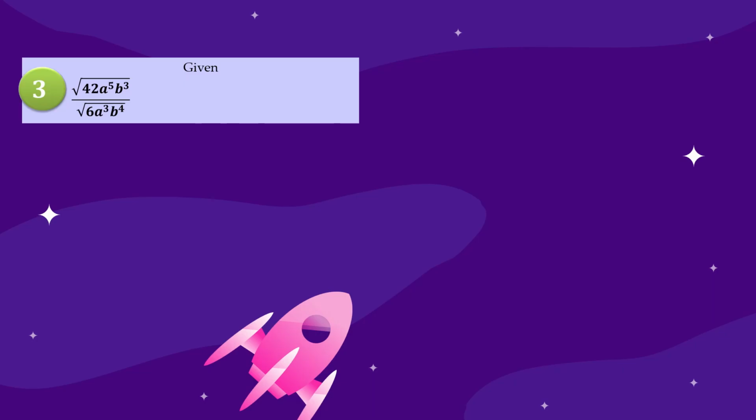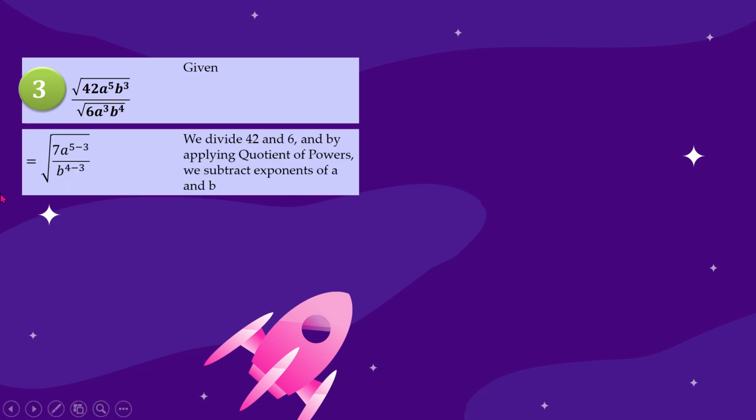Third example. The square root of 42 a exponent 5 b cubed over square root of 6a cubed b exponent 4. Buwag sa natong isa. Pag combine nato into one radical, 42 divided by 6, atong i-divide. So, unsa man ang 42 divided by 6? 7.